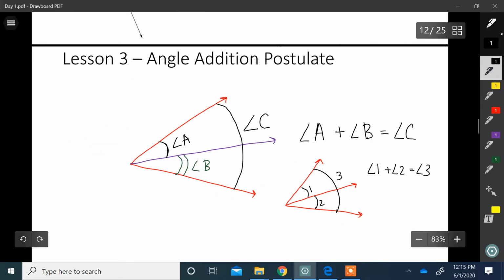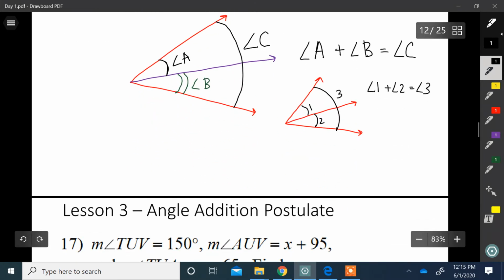So that's what we call the angle addition postulate, and there are a couple problems related to that right there.